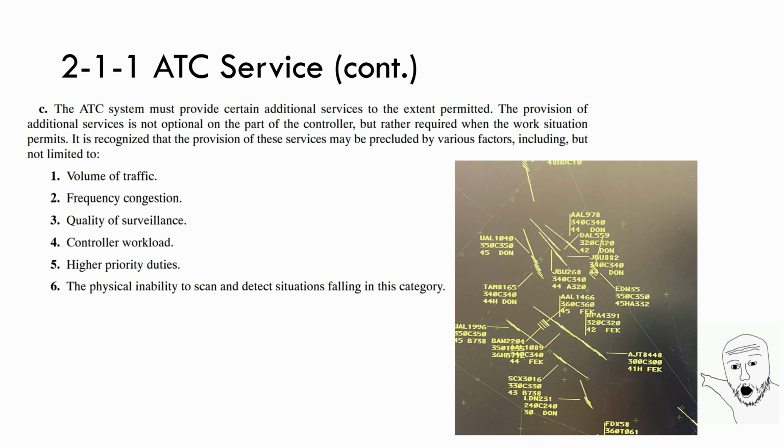Now, they also recognize that the field or the stage, the metaphor we sometimes use, is not always set the same way every time, because of dynamic factors such as volume of traffic. I think we can agree, again, based upon our skill level, what might be busy to you is different than my definition of busy.